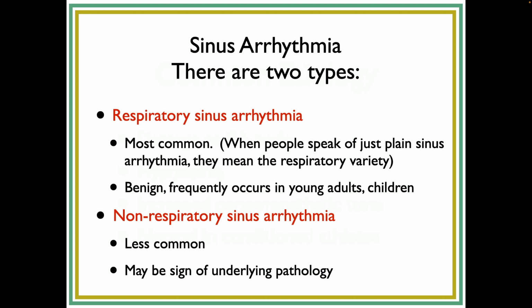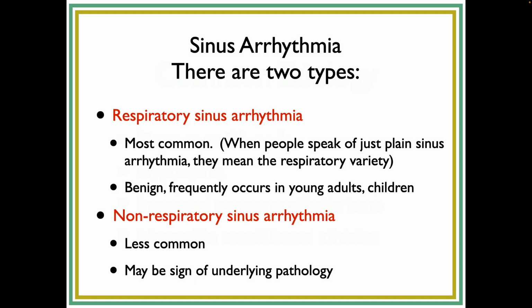Frequently occurs in young adults and children. In a minute, we're going to look at it and say what it is. So what's happening with sinus arrhythmia is that the heart is responding to respirations, okay? And then non-respiratory sinus arrhythmia, far less common, almost always a sign of underlying pathology.